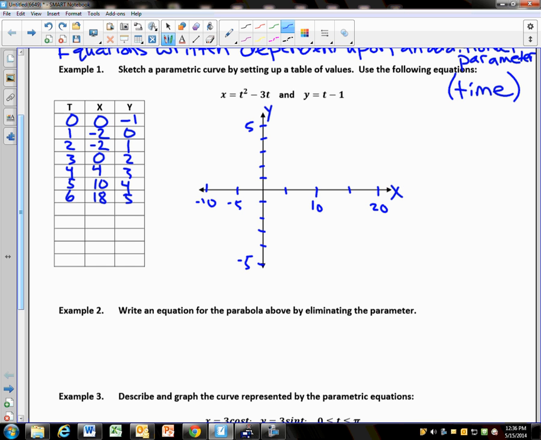And I begin to plot. My first point is 0, negative 1. My second point is negative 2, 0. Back to up 0.